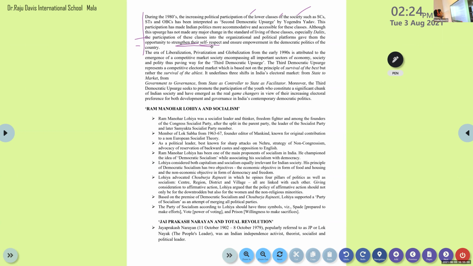Their social standard increased, not economic, but social standard, and their organizational capacity also increased. They started utilizing different political platforms to express their viewpoints and ensure empowerment in the democratic politics of the country. So the participation of the Dalits and OBCs basically improved political stability in the country.